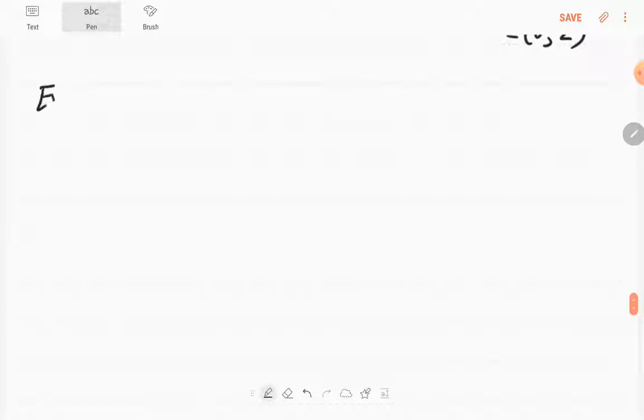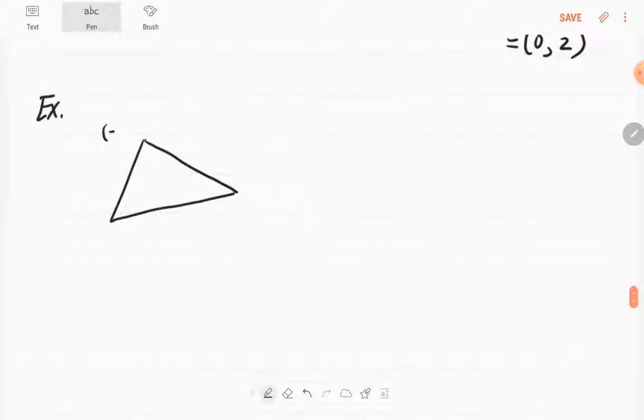Let's look at another example. If we have a triangle, this triangle, these are the vertices. We have three vertices: (-1, 1), (-2, -4), (-1, -1)... and (2, -3).